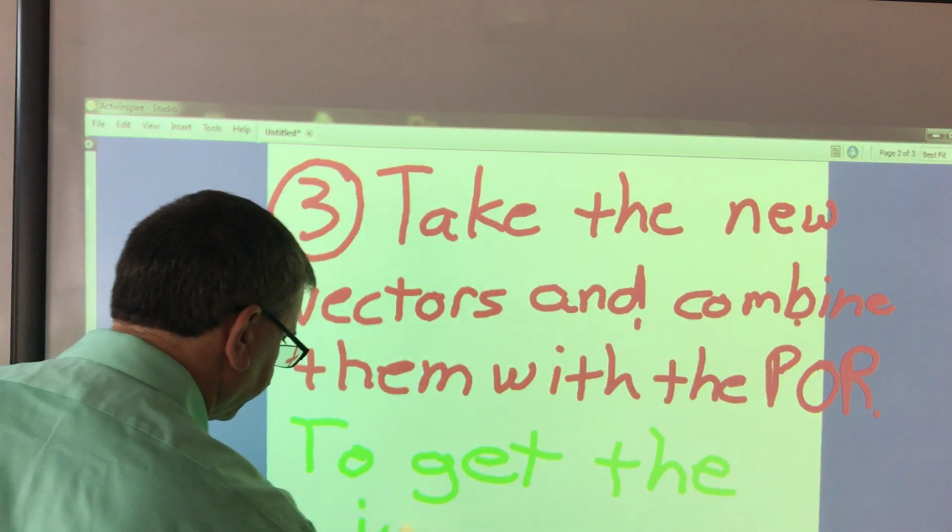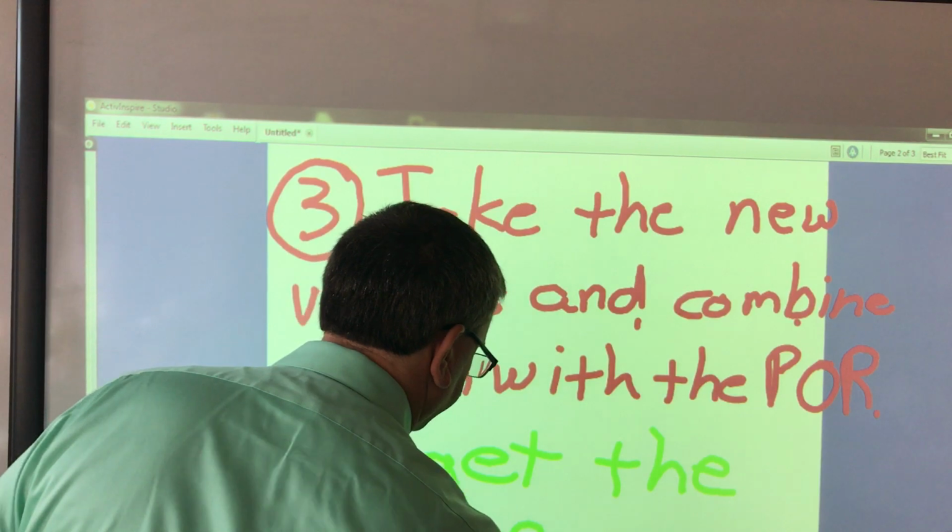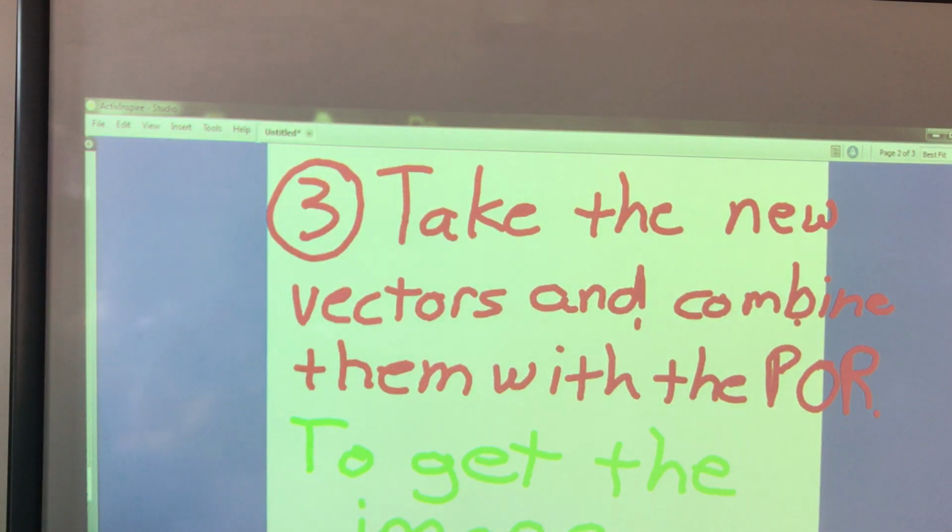This is W prime, X prime, Y prime, Z prime, to get the image.